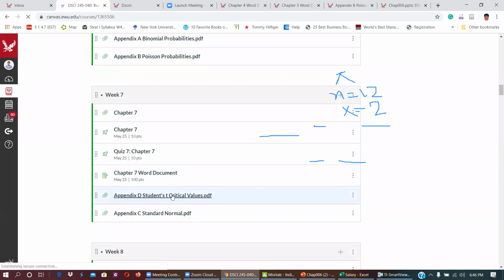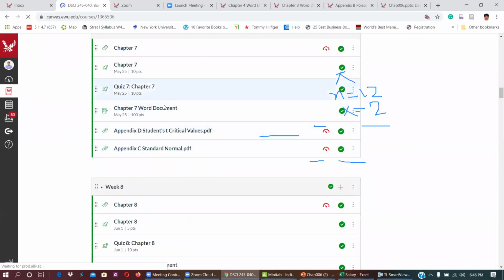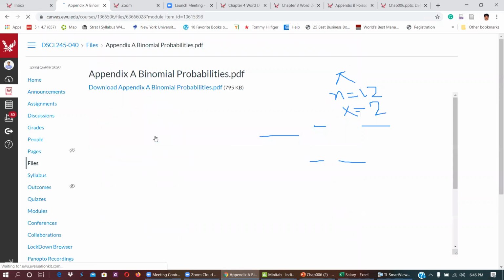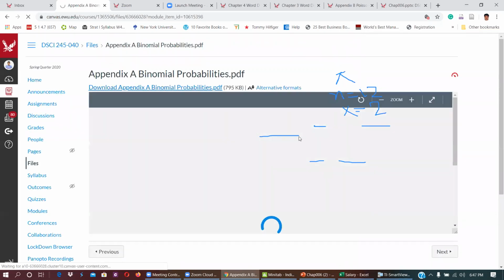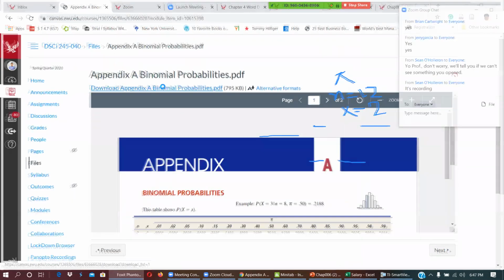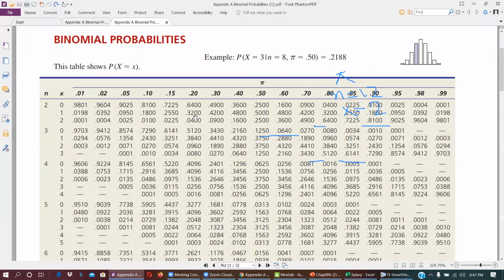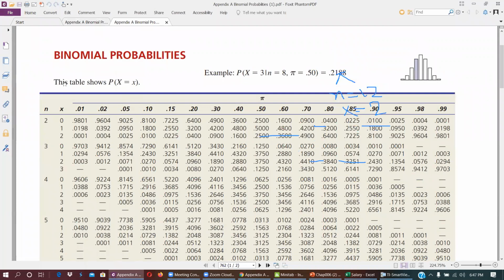Here you can see binomial distribution right here. Please look into this. Here, if you can see all this, on this side, this is pi value.